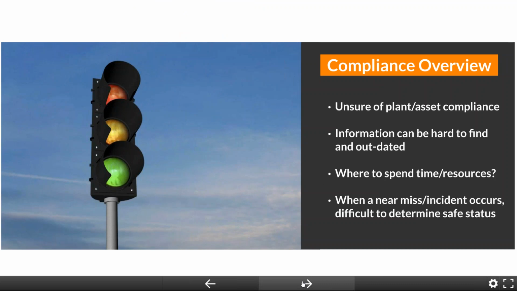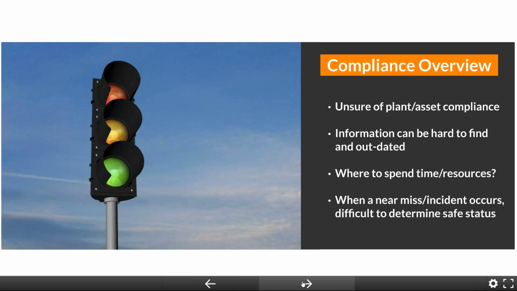Now the next pane that we typically look at would be a general compliance overview. So as I called out there before, it's pretty hard to keep track of thousands of inspections or maintenances or what have you. So really having a very simple and easy to use stoplight system, so red, amber, green, is a tool that a lot of our clients find useful.